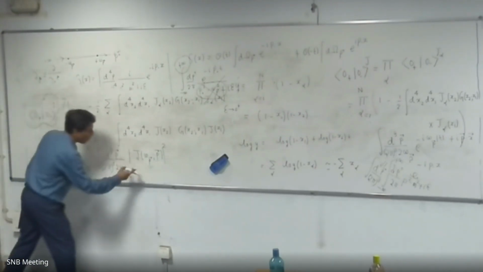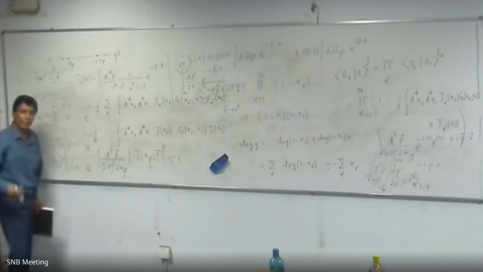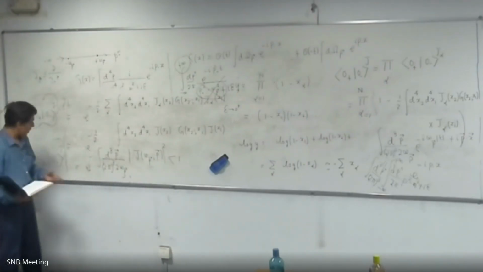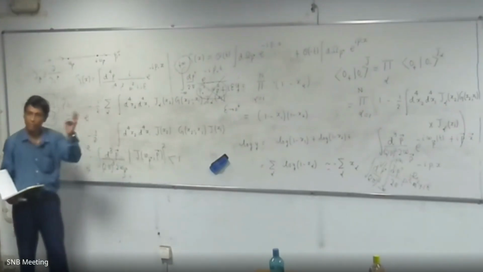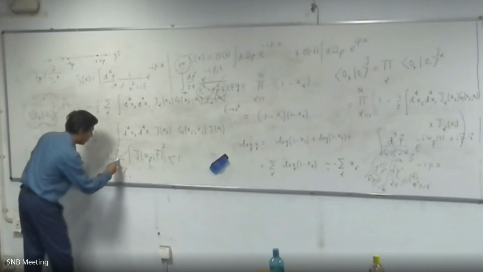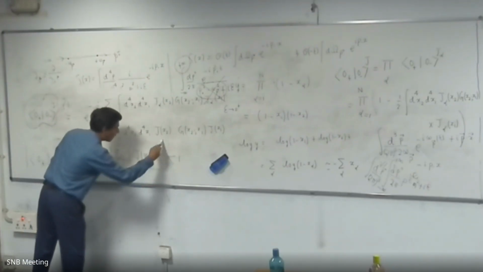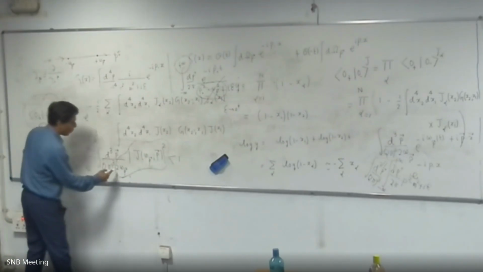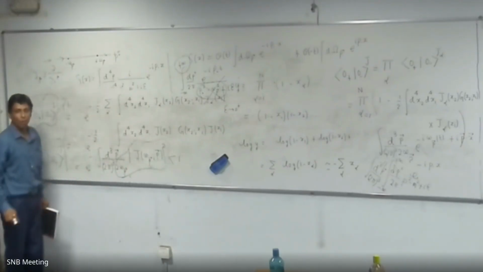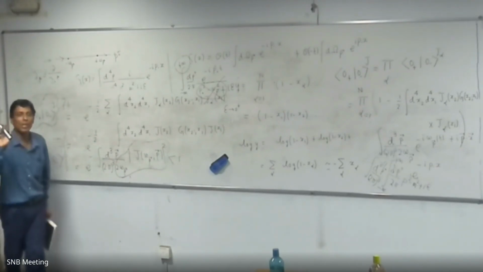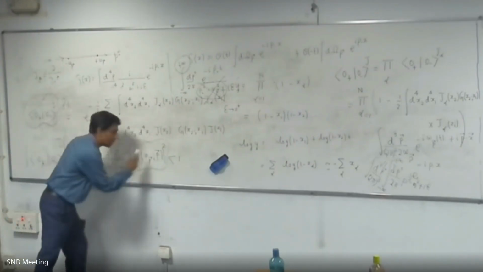Why? Because this quantity is less than 1, and for anything to have a probabilistic interpretation, the quantity better be less than 1. So this is indeed less than 1, e to the power of minus x, for x positive, is less than 1, right? And therefore you can interpret this, now in quantum mechanics, as the probability density of creating a particle with momentum p, and that momentum is the on-shell momentum, where omega p is related to p.